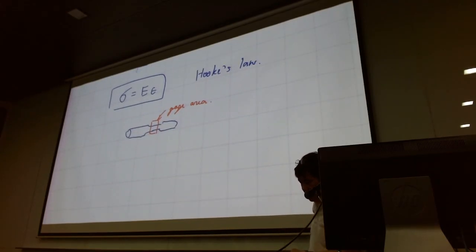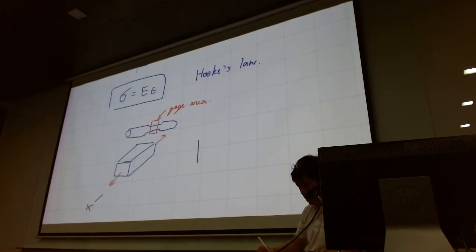One of the things that you need to know is what happens to the object if it's not a round object, if it's a square object like this, and you start pulling on the two sides, and we call this X. Looking at the top view, you will see that the object itself will be elongated.